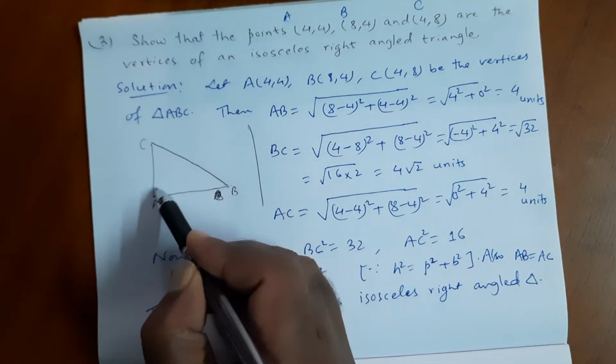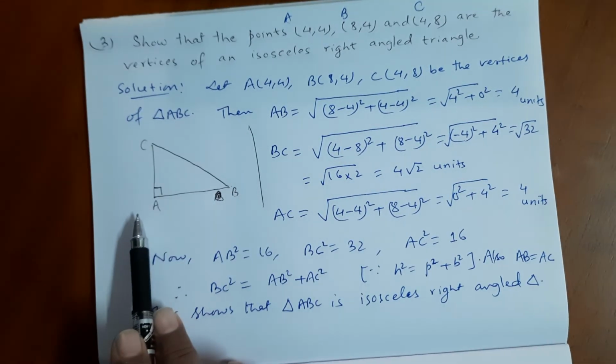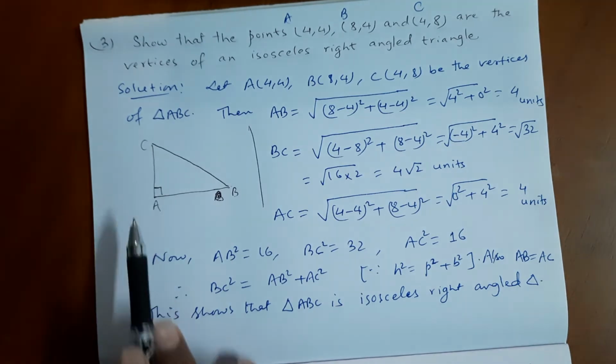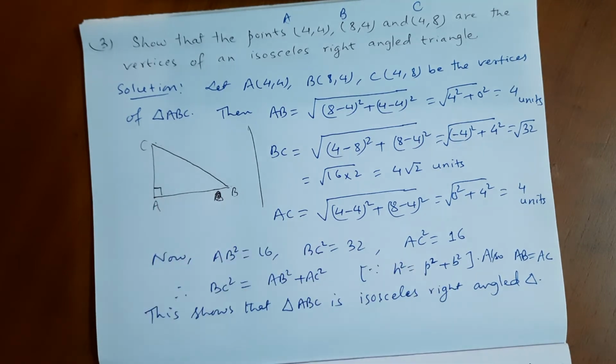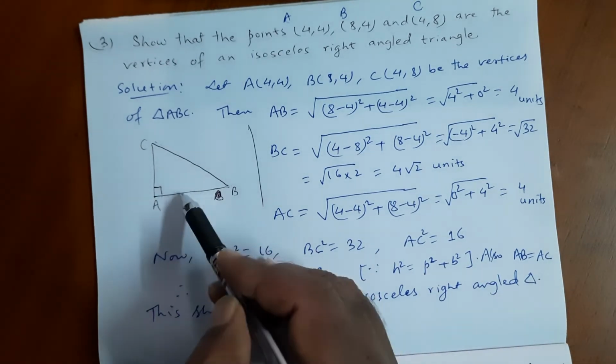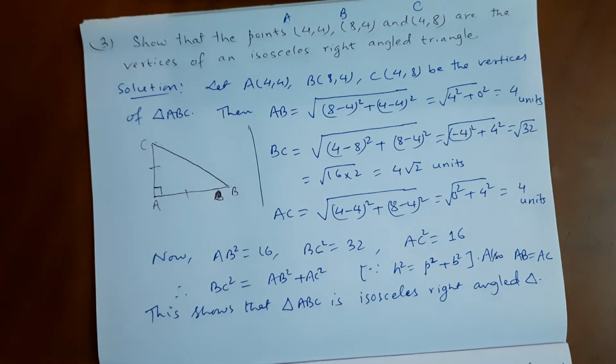So it is the right angle triangle, right angle at A. So this is hypotenuse square equals perpendicular square plus base square. Okay, and also its two sides AB and AC are equal. This AB and AC are equal. This is an isosceles triangle as well. Okay, both isosceles and right angle triangle.